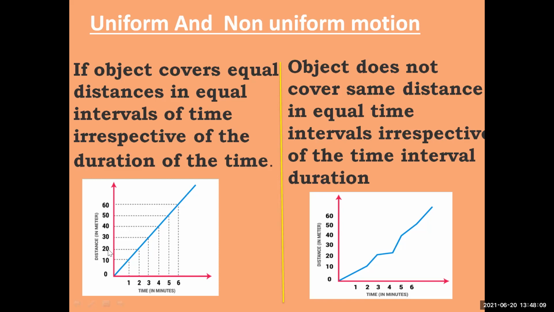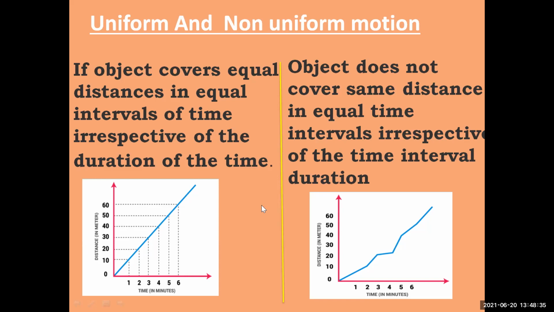So such kind of motion is called uniform motion. If the object covers equal distances in equal intervals of time, irrespective of time duration, means first we measured for 10 minutes, then after leaving 1 or 2 hours, again we measure the distance for 1 minute. The object is covering the same distance.